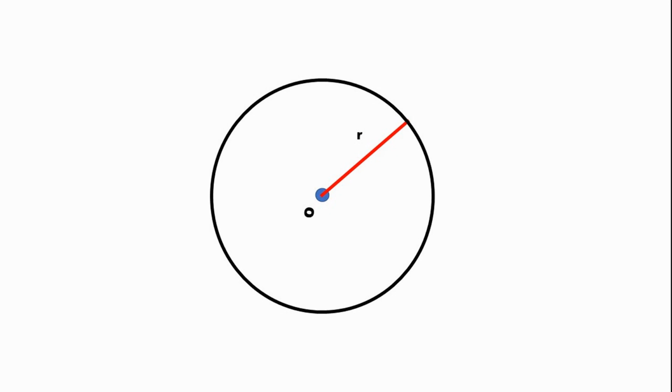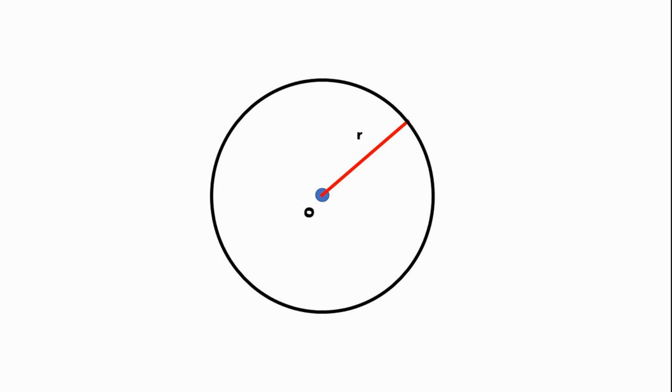Construction, continued. We are given the radius r of the circle. We choose a random point O as the center of the circle under construction. Construction, continued. With center O and radius r we draw a circle.